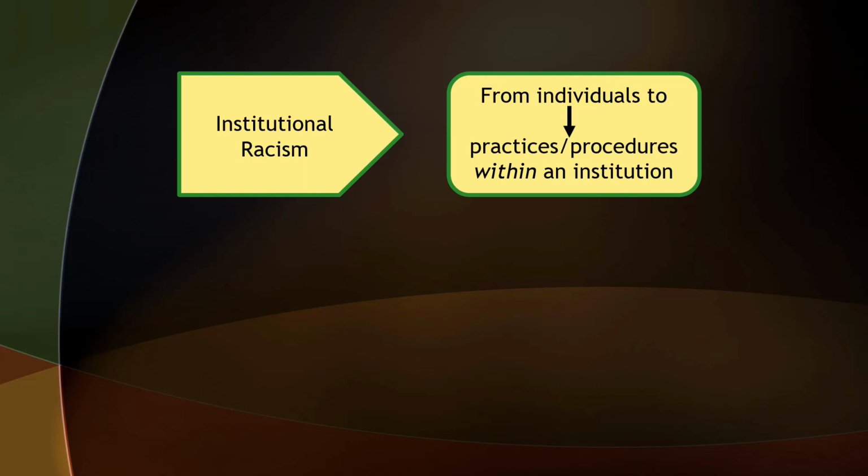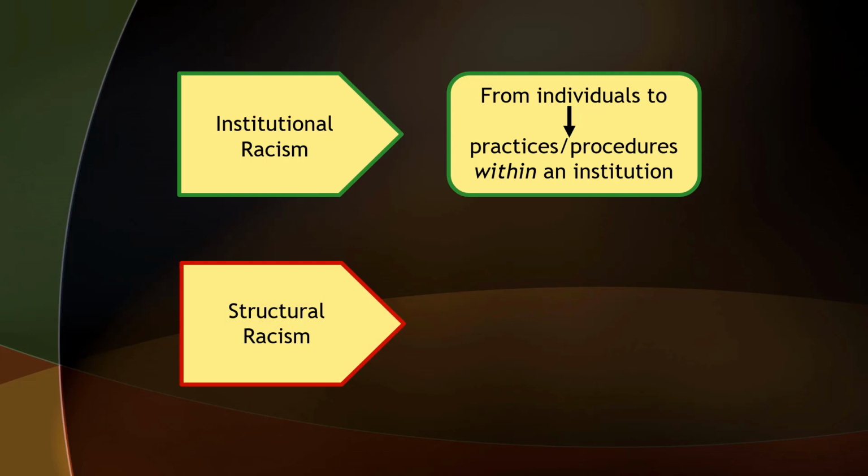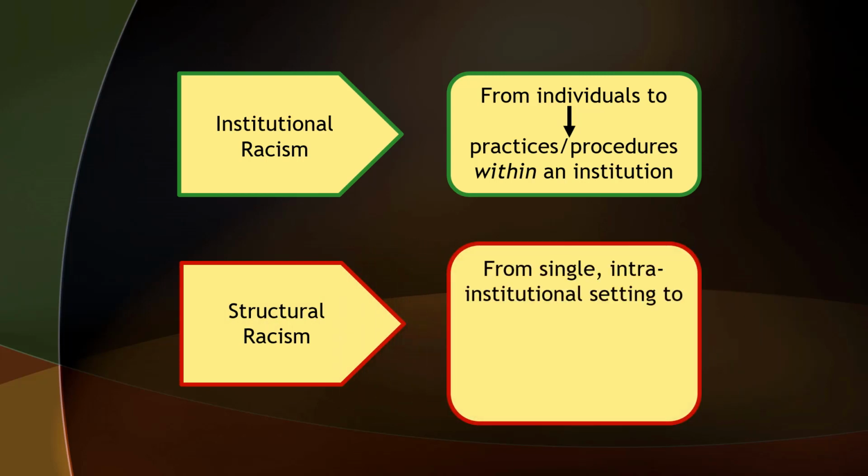So institutional racism was a way for us to understand how racism is embedded in the structures of society, but within any given institution. Structural racism took us from understanding single intra-institutional settings to understanding how inter-institutional arrangements and interactions work in order to create this web of structural racism.